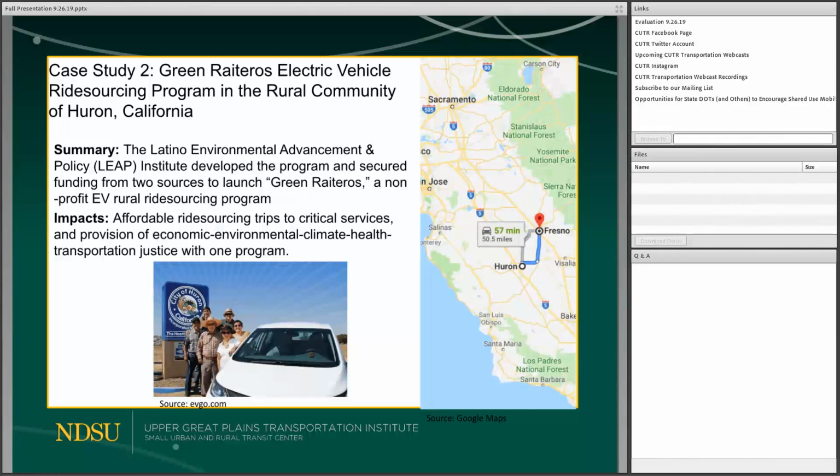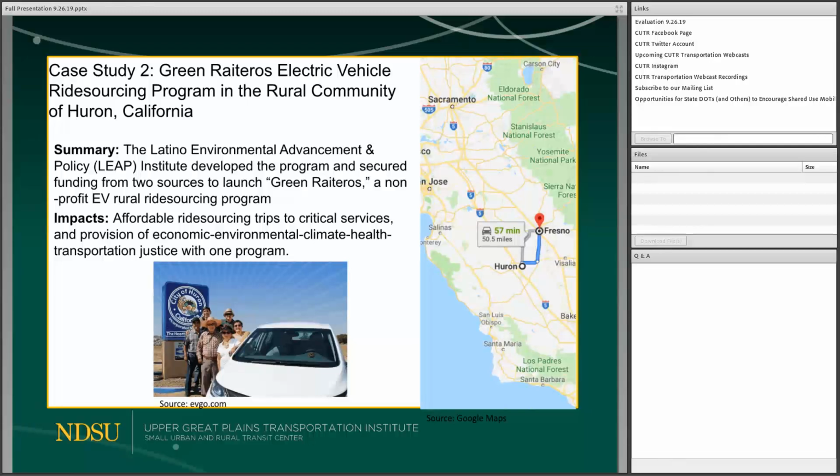This non-profit Green Ride-A-Rose rural ride sourcing service was launched in 2018, and the program has 2 electric vehicles and 4 veteran retired farmers serving as volunteer drivers to provide affordable transportation to underserved individuals.